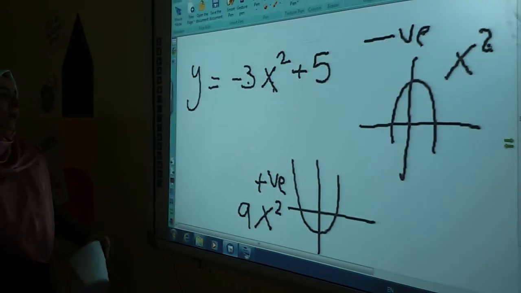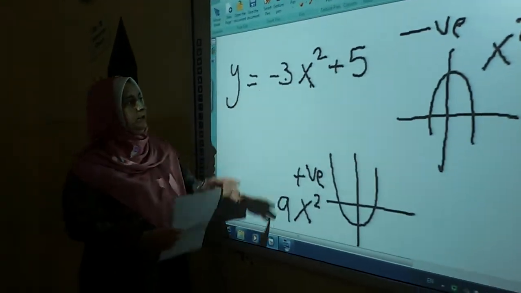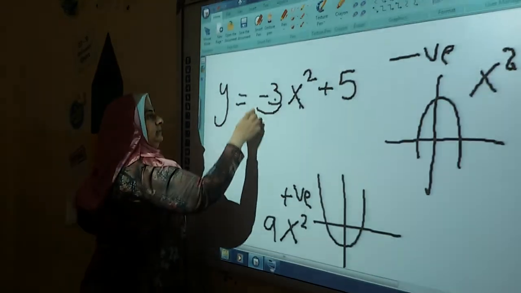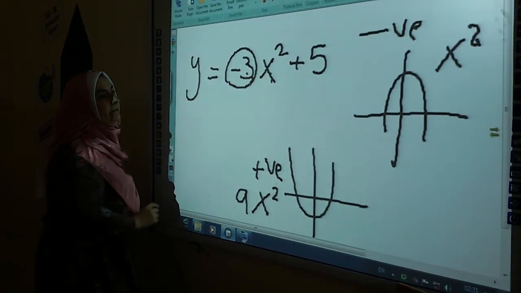So here, the coefficient of x squared is -3, and -3 is negative.